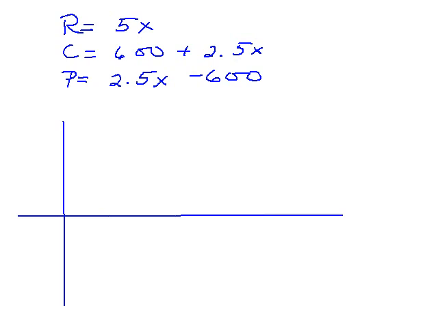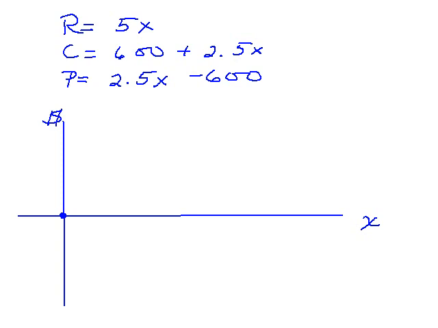Okay, so this is going to be my x-axis, and this is going to be my money axis. I can graph all of these on the same axis. I'm going to evaluate each of these functions when x is 0. When x is 0, the revenue is 0. What is the cost when x is 0?